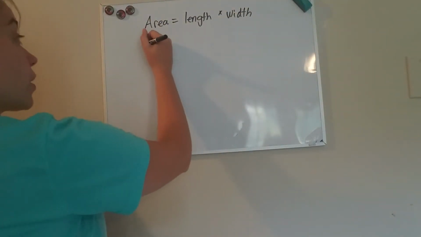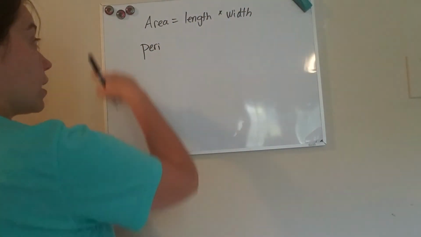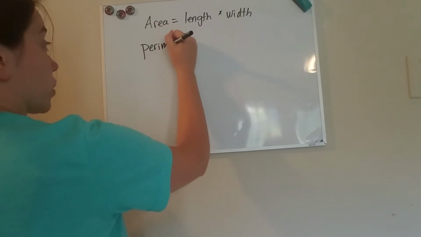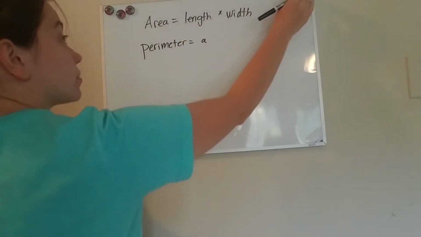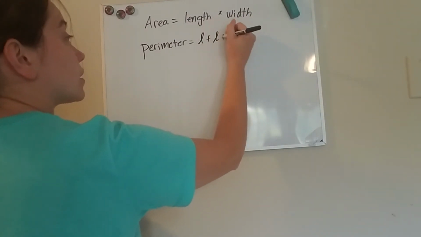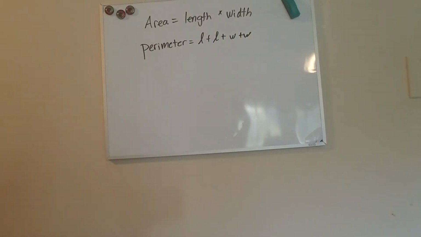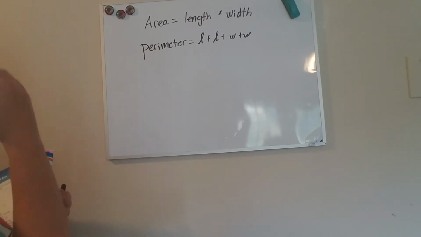If we're looking at the perimeter, remember the perimeter is the outside, the area is the inside. The perimeter for this one, you just add all the sides, right? So we have length plus width plus width, okay? We talked about a couple different equations, but that's going to be your easiest one to remember right now, okay?